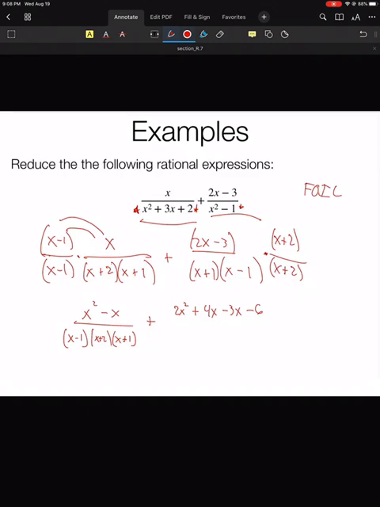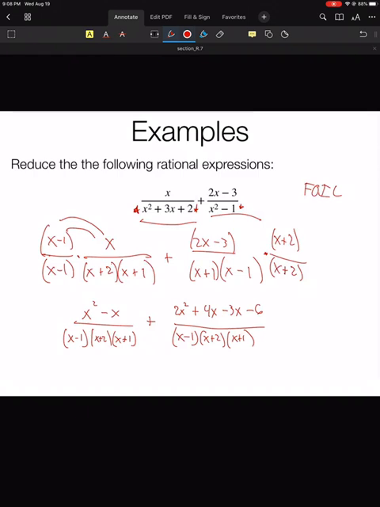Okay, so hopefully that made sense. I just did the FOIL operation on that, over x minus 1, x plus 2, x plus 1.